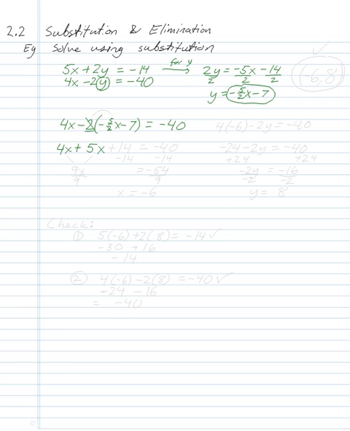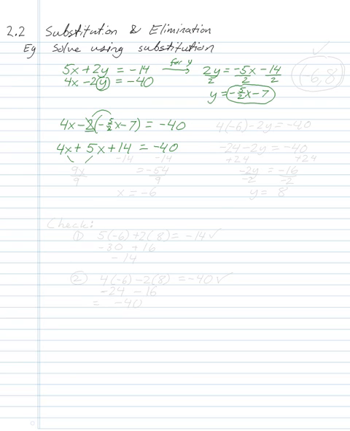And negative 2 times negative 7 would give us positive 14. So make sure you're clear on how we ended up with all of that information. Negative 2 times negative 5 halves gives us 5. Negative 2 times negative 7 gives us 14.